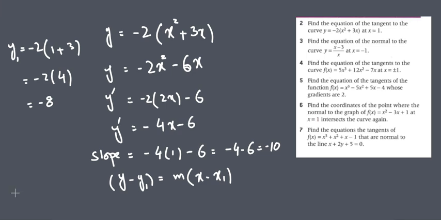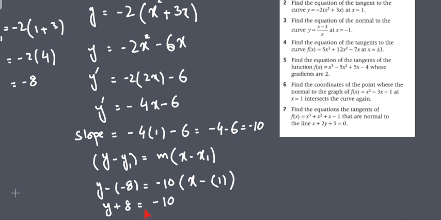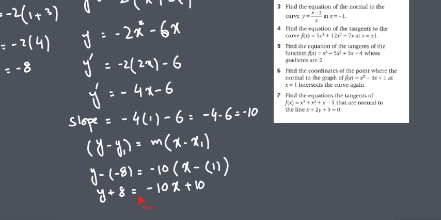Okay, so let's substitute the values here. y minus negative 8 equals negative 10 into x minus 1, since the value of x1 was 1. Clear? So it becomes y plus 8 equals negative 10x plus 10, right?